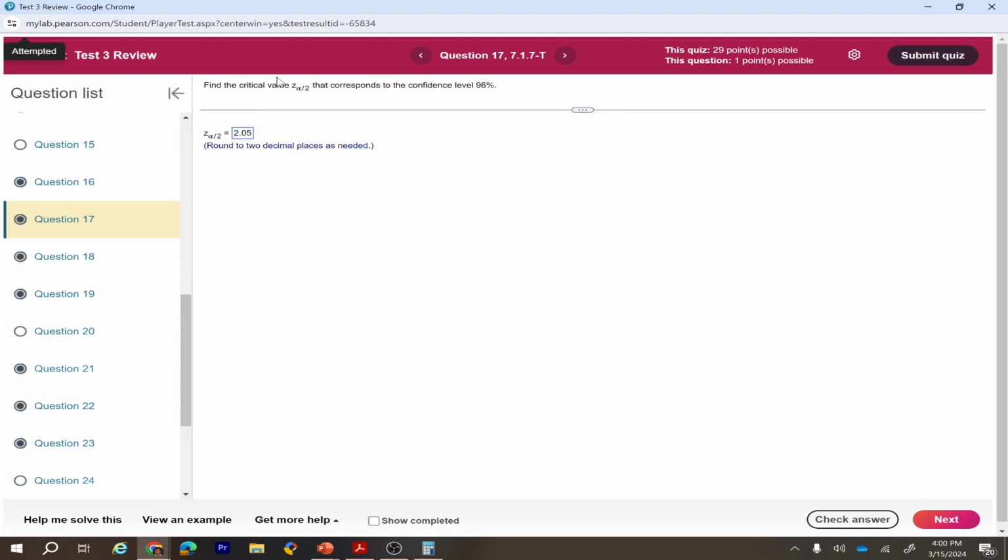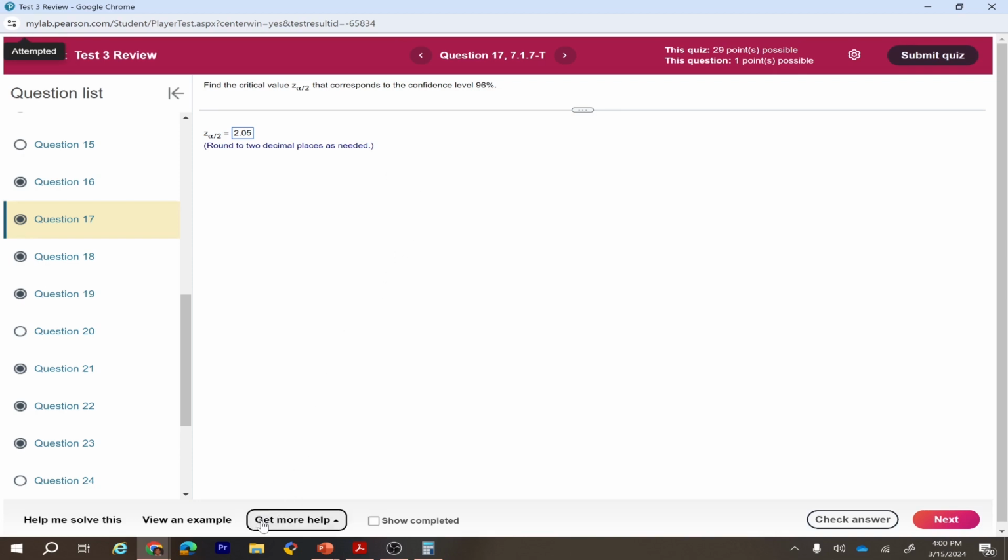Second one, to find the z-score for alpha over 2. Remember, alpha here is 4%, so alpha over 2 is 2%. So this is the z-score such that the area under the curve of the normal distribution to the right side of that z-score is 0.02.